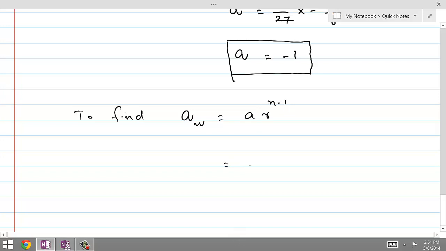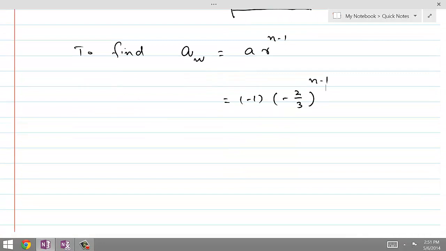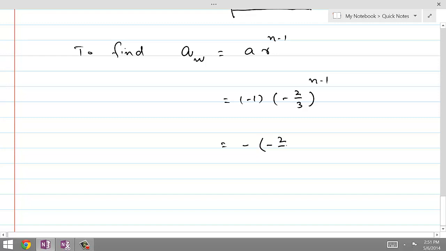So an will be equal to minus 1 times r, which is minus 2 over 3 power n minus 1. So this will be equal to minus into minus 2 over 3 power n minus 1. That is going to be the value for an.